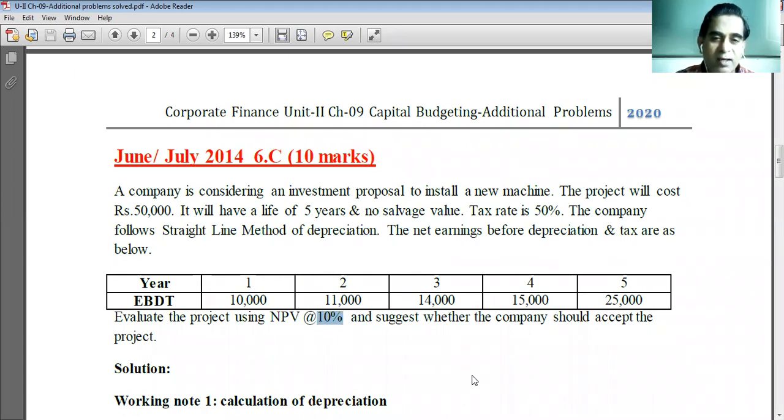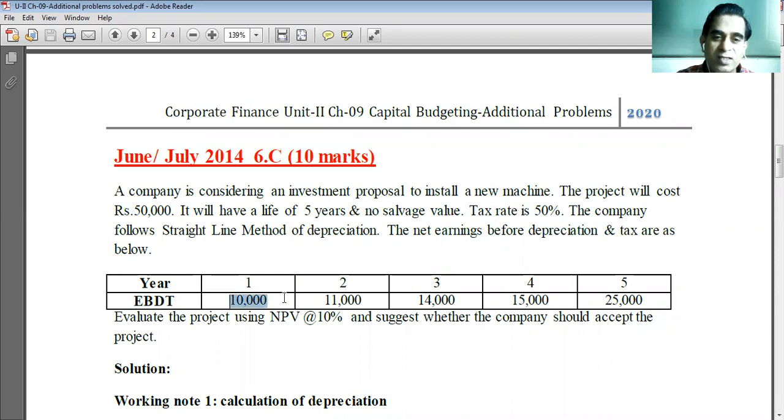It is a replica of the same problem. Only two differences. One is tax rate is 50% here, and there it was 35%. There it was mentioned CFBT, cash flows before depreciation and tax, and here they have mentioned it as earnings before depreciation and tax, which is denoted by EBDT.